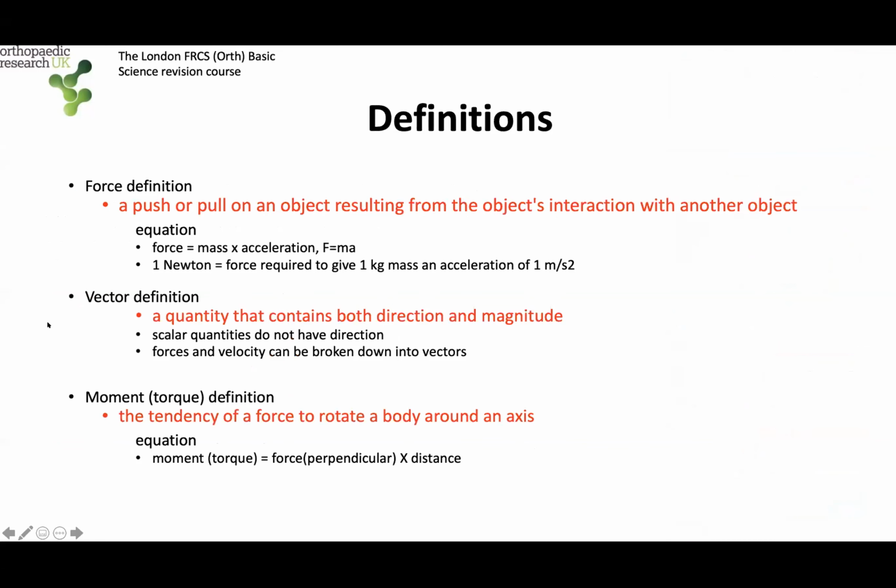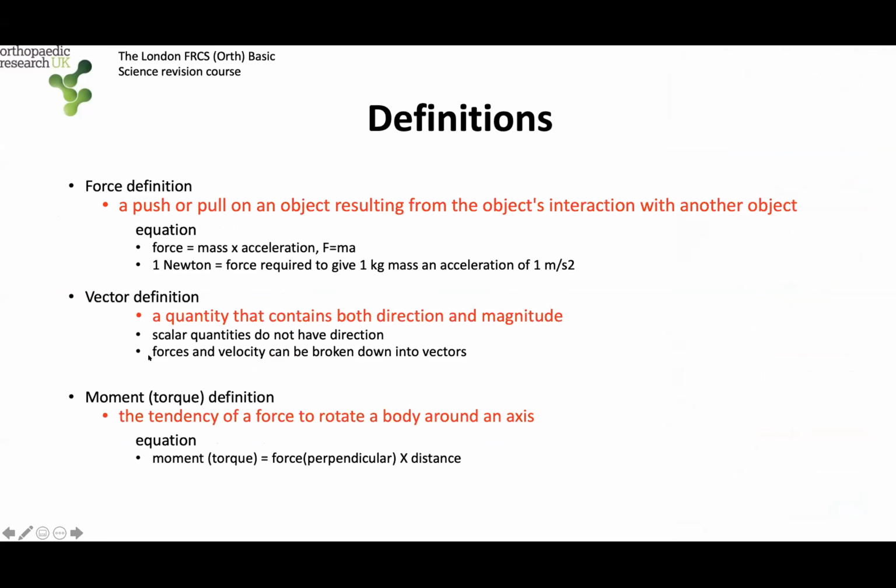so some of the definitions. What is force? Force is a push or pull on an object resulting from the object's interaction with another object. The standard international unit is the Newton. It's the force required to give 1 kilogram mass an acceleration of 1 meter per second squared.